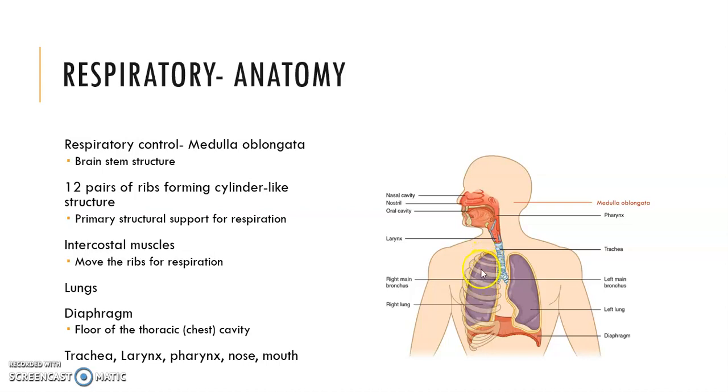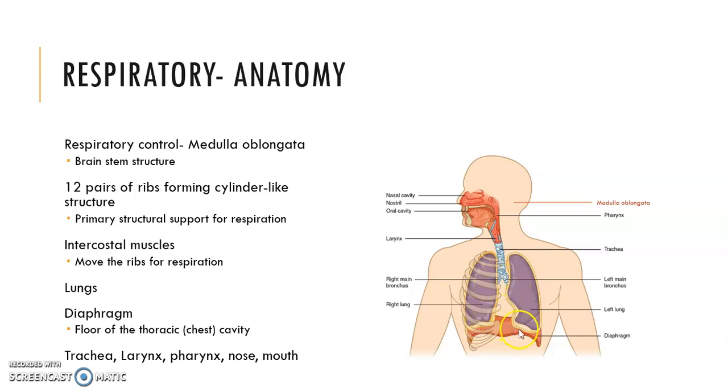We have intercostal muscles that connect to each of the ribs, and there are two different types. We have internal intercostals and external intercostals, and they have a role in expanding the rib cage to change the pressure within the lungs, or relaxing the rib cage to expel air from the lungs. Of course, we have the lungs that are here underneath the rib cage and housed within the chest cavity.